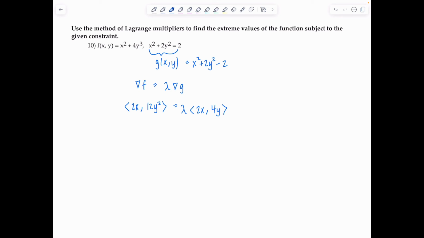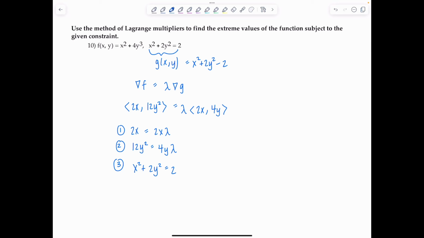So now we're going to set up a system of equations equating the corresponding components. So first components equaling each other means 2x equals 2x lambda. 12y squared equals 4y lambda. And then our third equation is always the constraint equation. X squared plus 2y squared is 2.